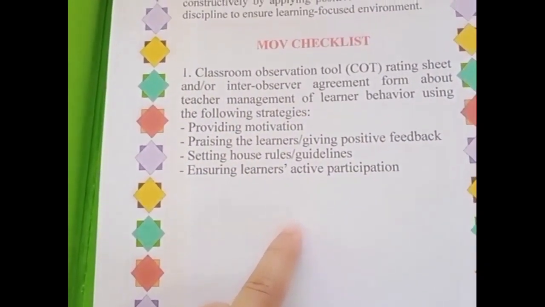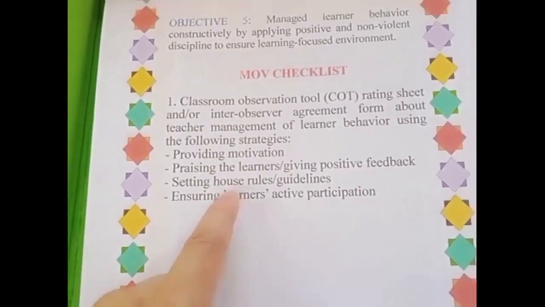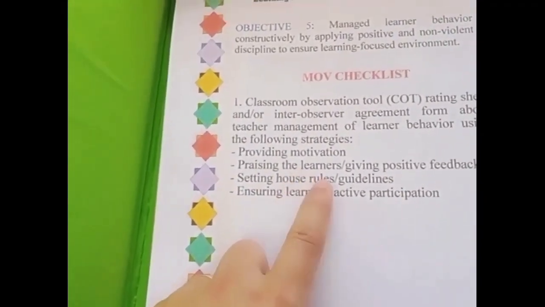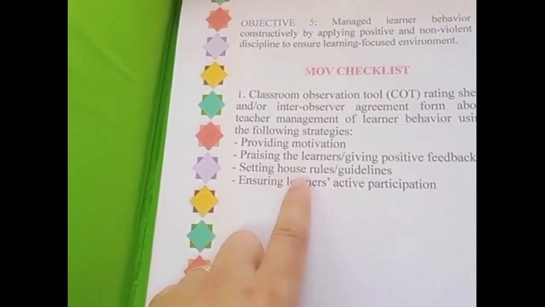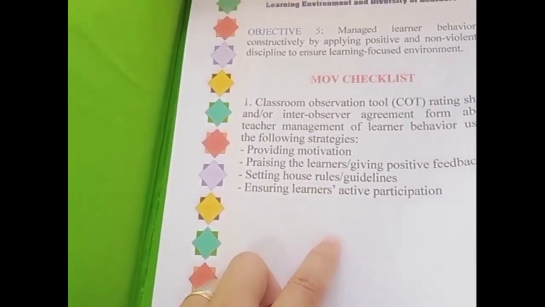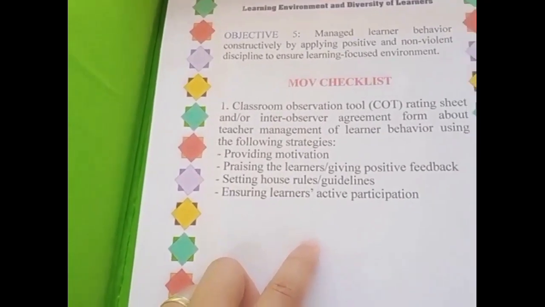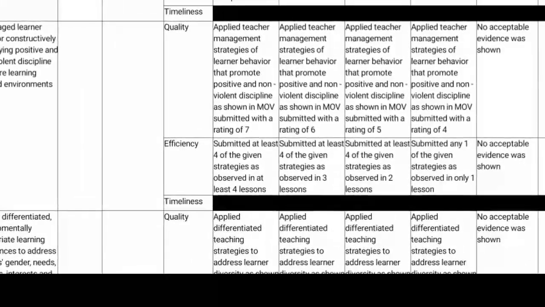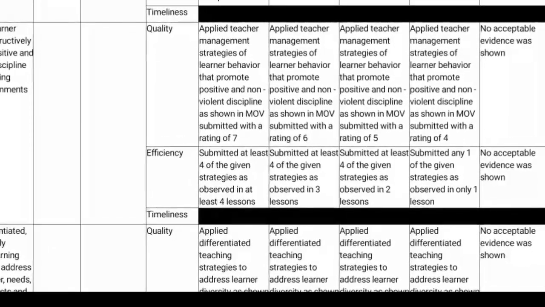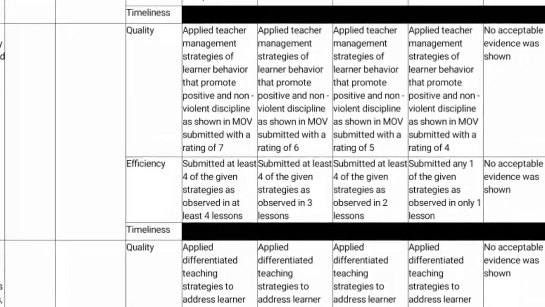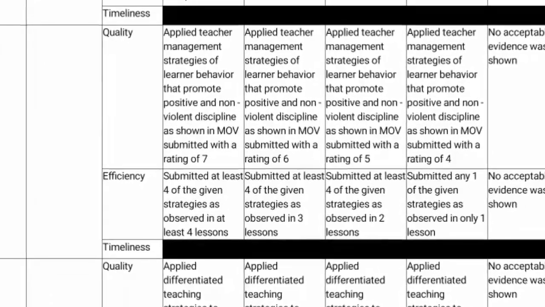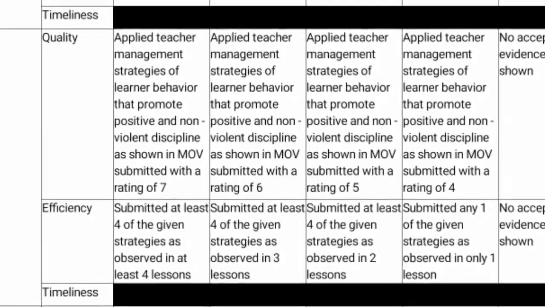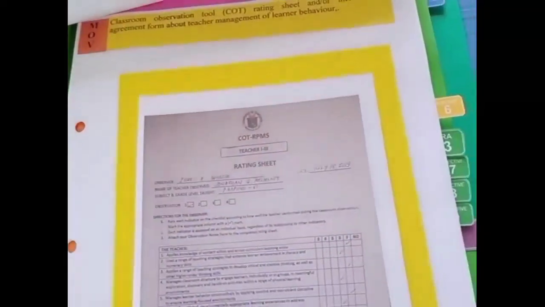So kailangan sa ating COT, nagpapakita ka ng providing motivation, praising the learners or giving positive feedback, setting house rules or guidelines, or ensuring learners' active participation. Okay, objective number 5, ganun lang din ulit sa quality at efficiency. So at least 4 of the given strategies as observed in at least 4 lessons para makakuha tayo ulit ng 5 points. So ito, COT.